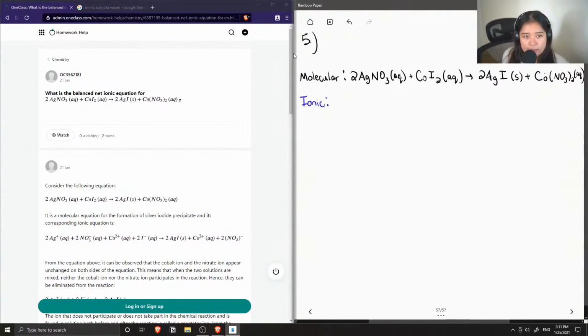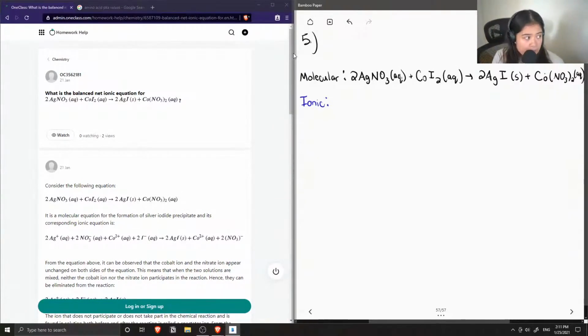So basically, everything in this reaction will be in their ionic form, with the exception of the silver iodide, which is a solid. If you have a pure solid, liquid, or gas, then it just stays in its same phase, but everything else will be written as the ions.